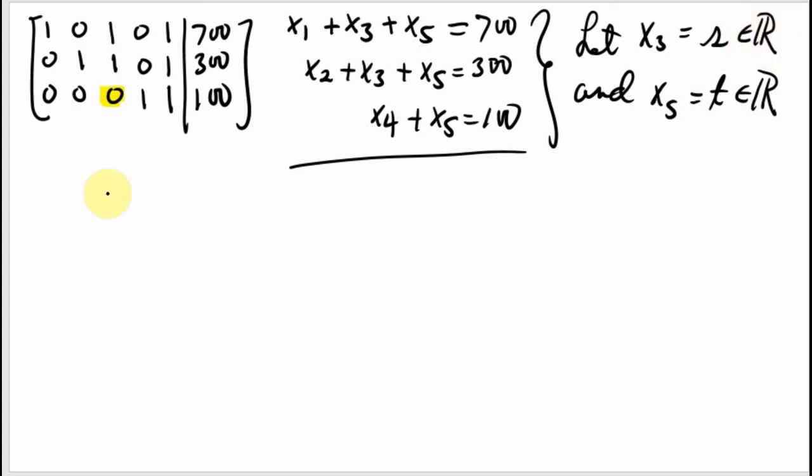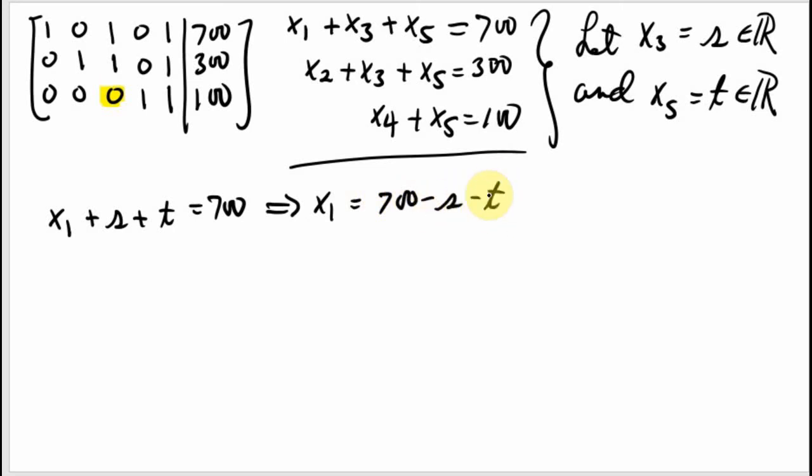So if that be the case, now I have x sub 1 plus s plus t is equal to 700. So that implies that x sub 1 is equal to 700 minus s minus t.